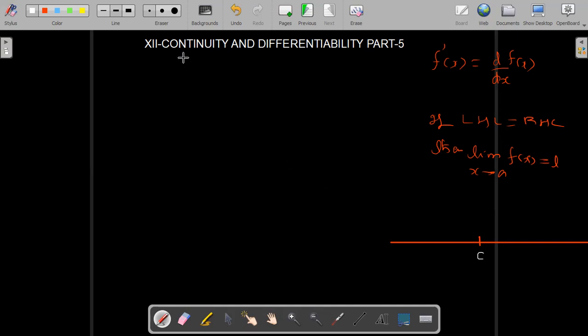So how will we write this? This is called differentiability, or derivability, the same thing.